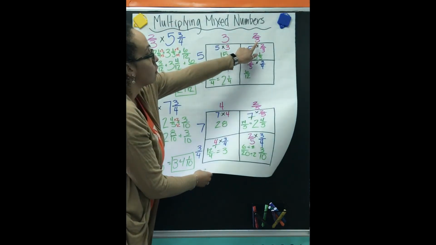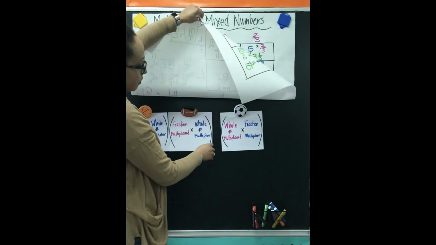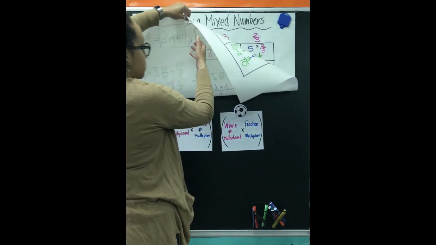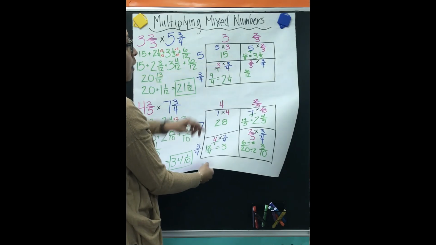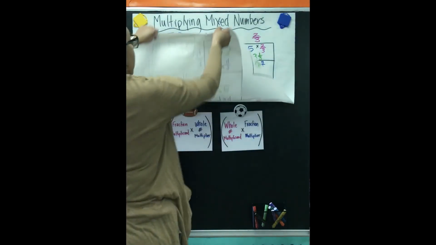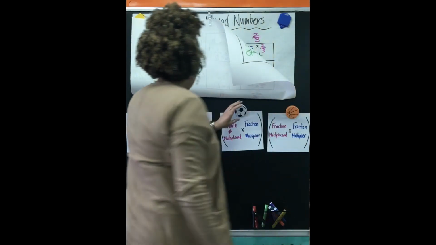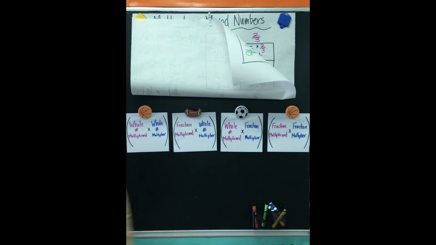The fraction of the multiplicand times the whole number of the multiplier. The whole number of the multiplicand times the fraction of the multiplier. And then the last thing we have is the fraction of the multiplicand times the fraction of the multiplier.